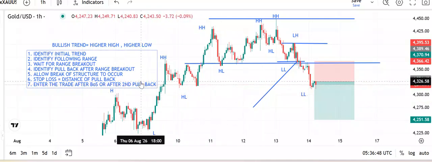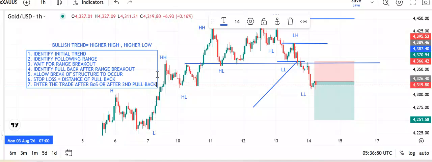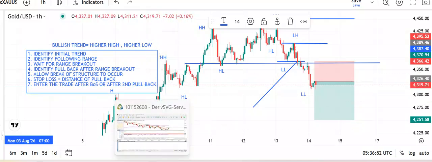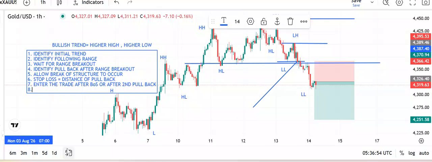Now for your TP, point number 8, take profit. May we risk reward ratio 1 to 2 or 1 to 3, depending on your appetite.